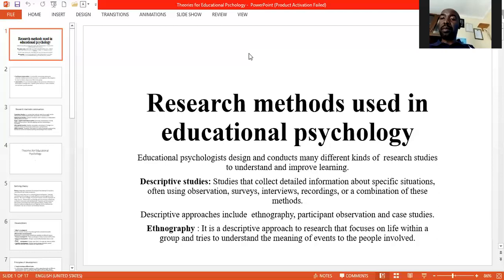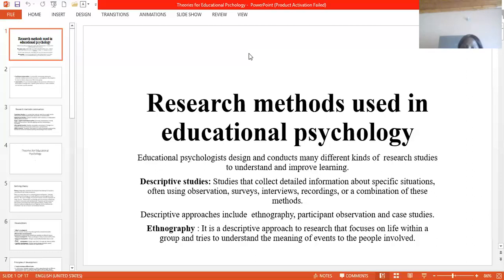Educational psychologists design and conduct many different kinds of research studies to understand and improve learning. So these are the research methods that educational psychologists use. The first one is descriptive studies.